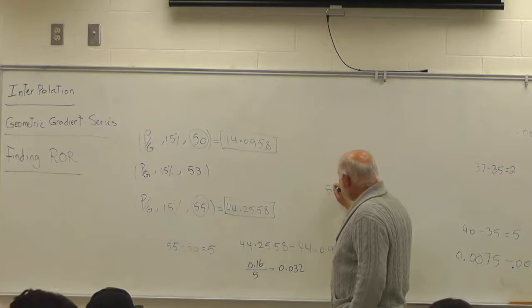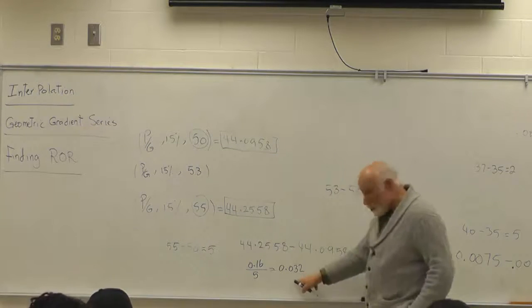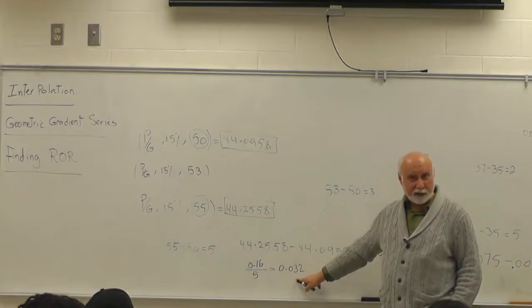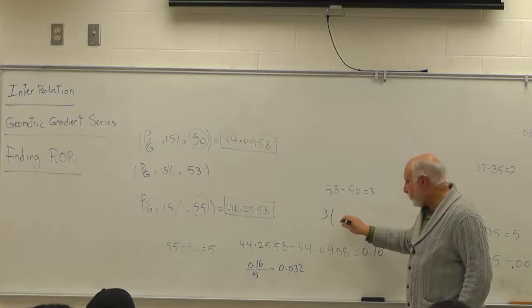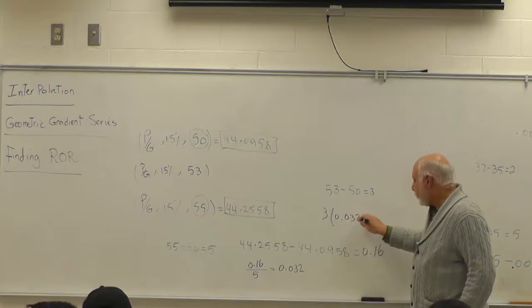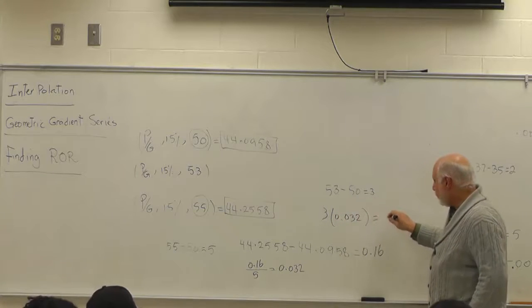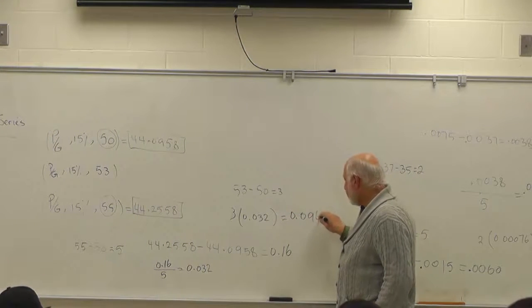What is the difference? 53 minus 50 is 3. For 1 year it is this much. So how much is for 3 years? 3 times 0.032, which would give you probably 0.096.